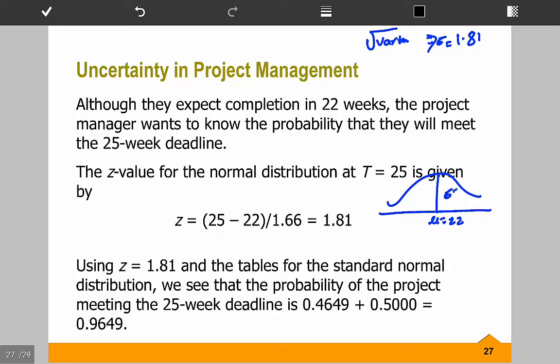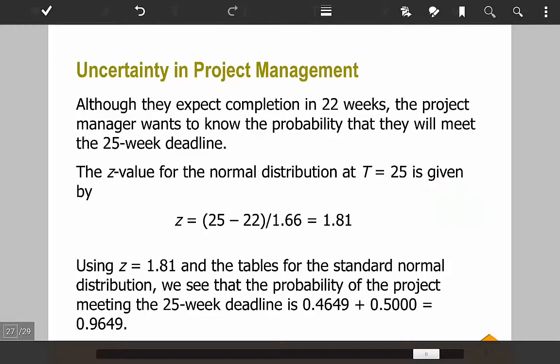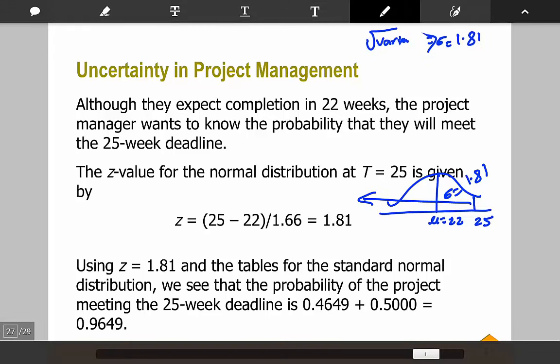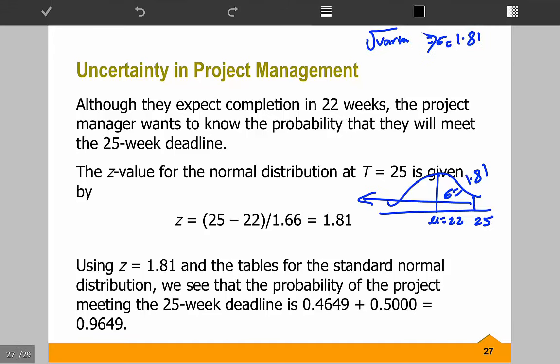All you have to do is assume there is another normal distribution, the standard normal, where the mean is 0 and the standard deviation is 1. You have to find the equivalent of this, and you can go ahead and do this. Sorry, the standard deviation is not 1.81, it is 1.66. So the standard deviation is 1.66.